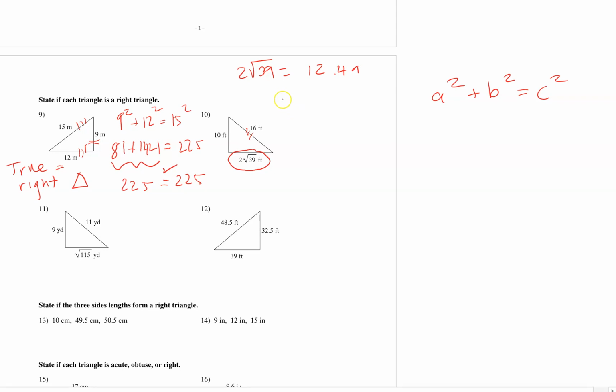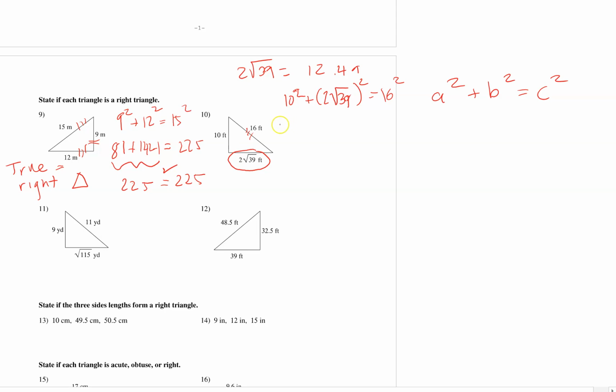So let's test it out. So I have 10 squared plus the 2 rad 39 squared is equal to 16 squared. Note that I am putting the whole entire radical, the leg, 2 rad 39, in parentheses, and there's a reason why.